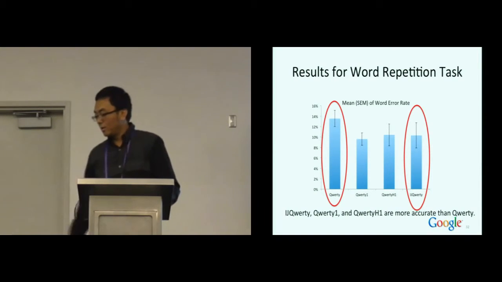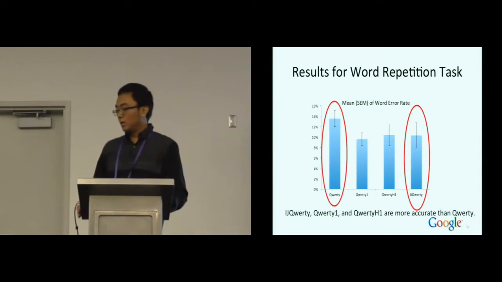You can see that IJQwerty actually has a lower error rate than Qwerty. It's consistent with what we showed in the gesture clarity index. Because you separate these three vowels, you actually get gesture traces separate from the others.